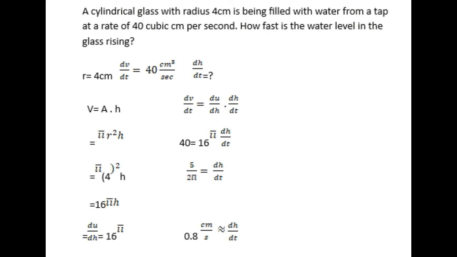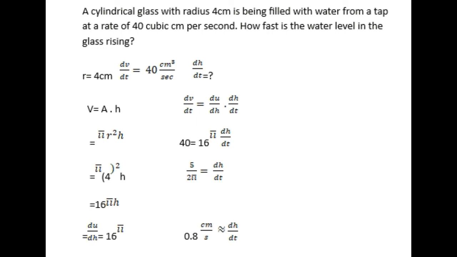So it will become V equals pi times 4 squared times H, and the answer is volume equals 16 pi H. So we have our dV over dH equals 16 pi.